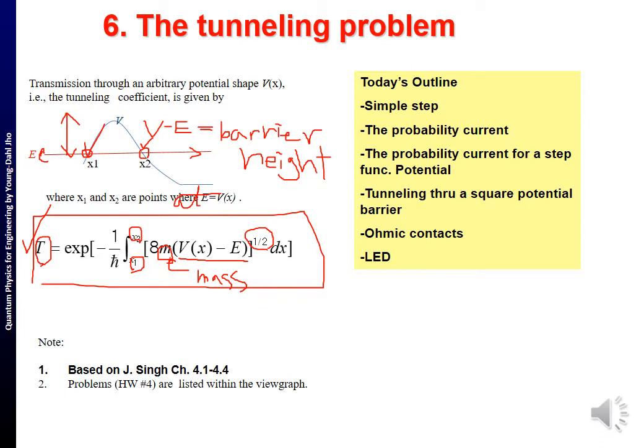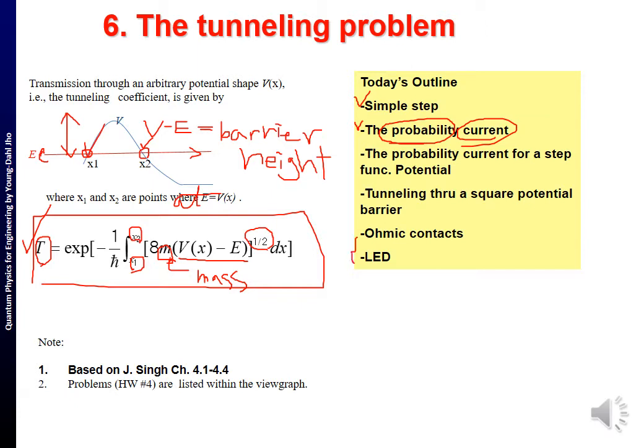Based on this formula, we will consider a simple step potential, and then probability current will be introduced. Instead of probability, we will now consider current, and then the probability current calculation for a step function potential, then tunneling through a square potential barrier.